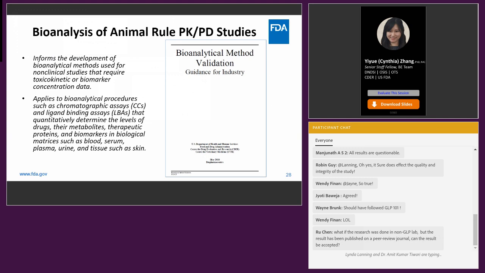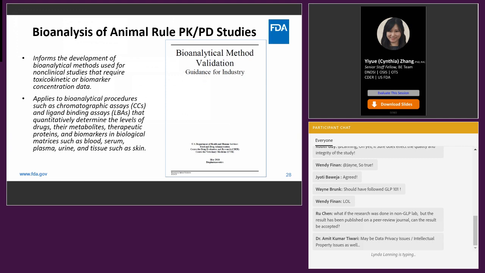And regarding assay validation, the 2018 guidance, Bioanalytical Method Validation, informs the development of bioanalytical methods used for non-clinical studies that require toxicokinetic or biomarker concentration data. It applies to bioanalytical procedures such as chromatographic assays and ligand binding assays that quantitatively determine the levels of drugs, their metabolites, therapeutic proteins, and biomarkers in biological matrices.